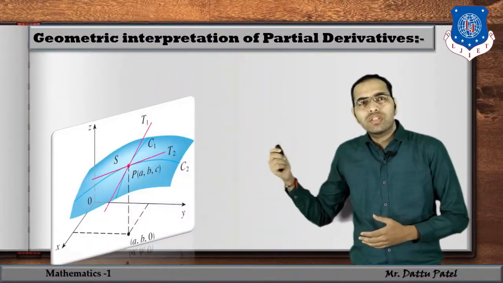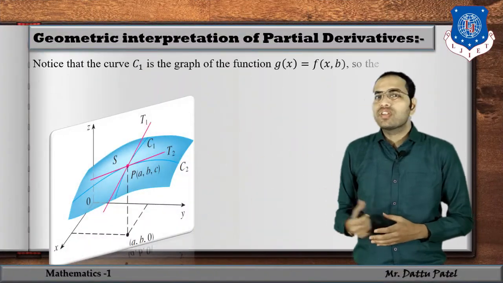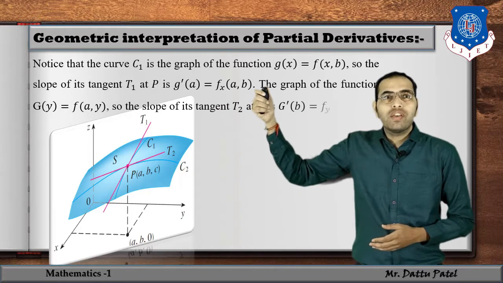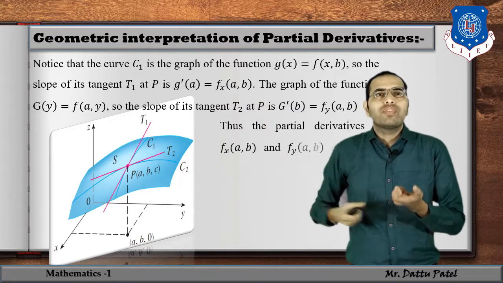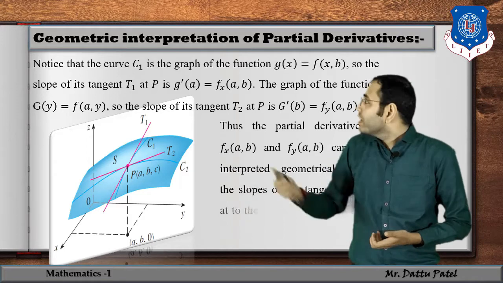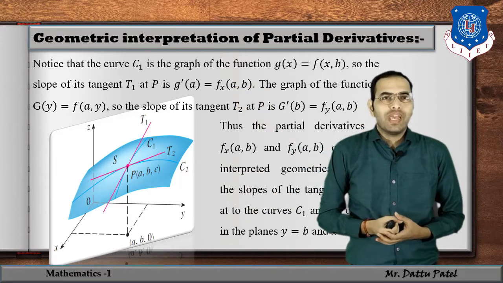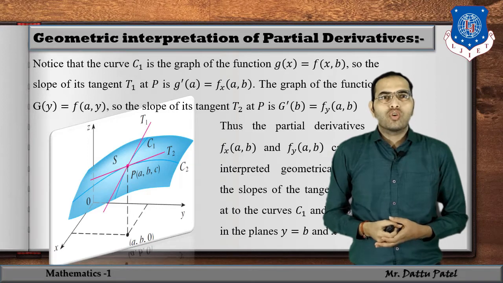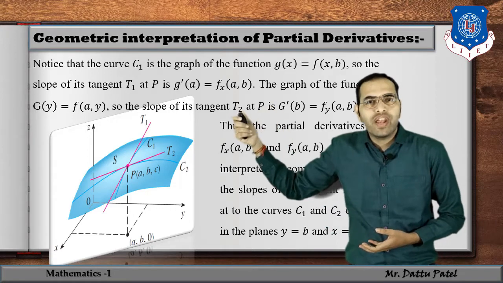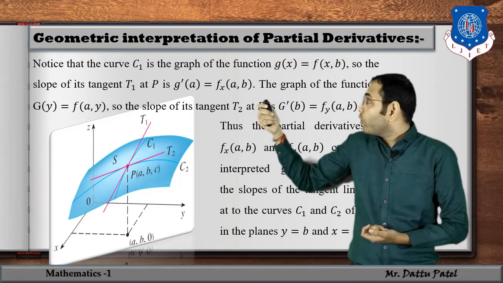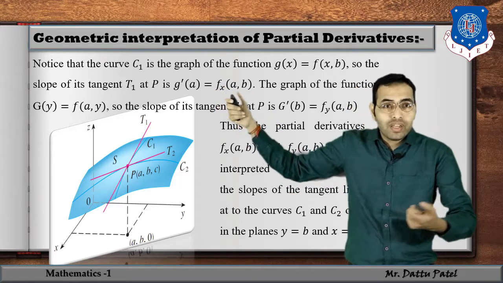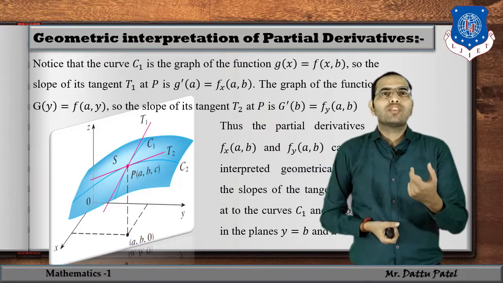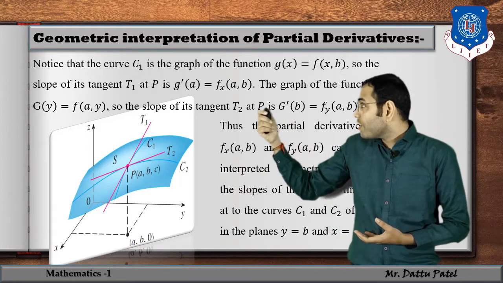Notice that the curve C1 is the graph of the function g of x equal to f of x comma b, so the slope of its tangent T1 at point P is g dash of a equal to f x of a, b. Similarly, the curve C2 is the graph of the function g of y equal to f of a comma y, so the slope of its tangent T2 at point P is g dash of b equal to f y of a, b.